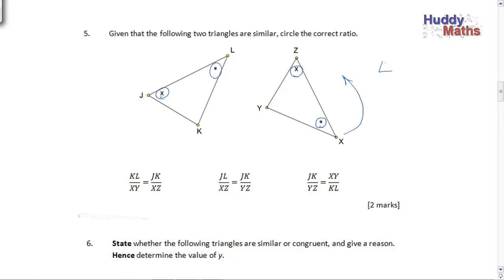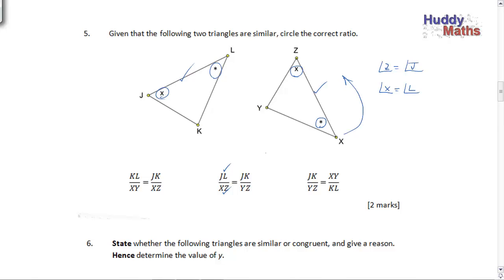So the angle Z equals angle J, and the angle X equals the angle L. Okay, matching them up like that. So what sides would we compare? If they're similar, you've got to compare corresponding sides. So here, the JL side is equivalent to the ZX side, isn't it? The side along which you've got 2 equal angles on either end. So we want to compare JL with ZX. JL with XZ would do.